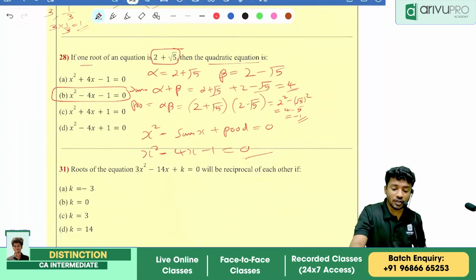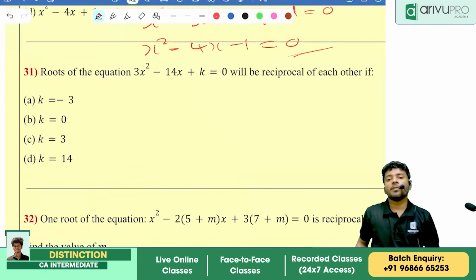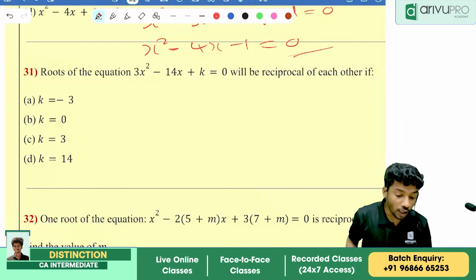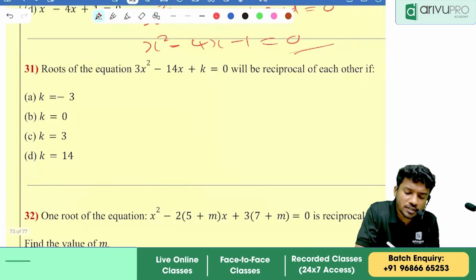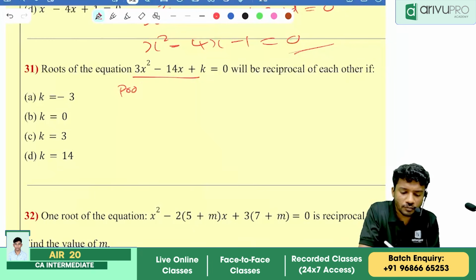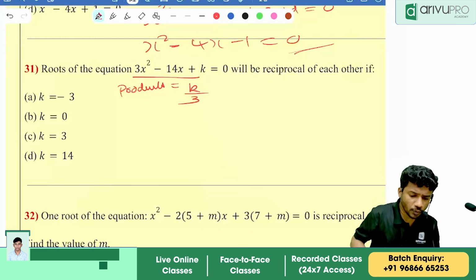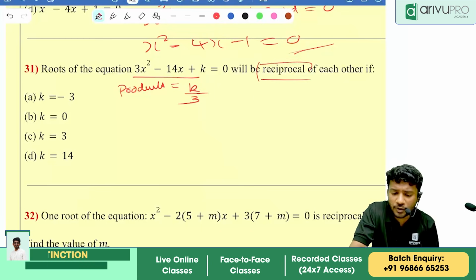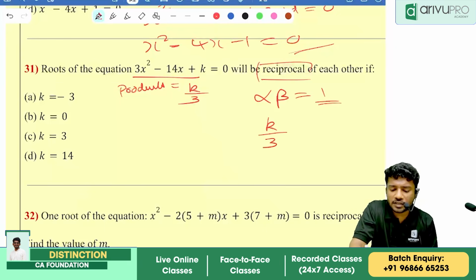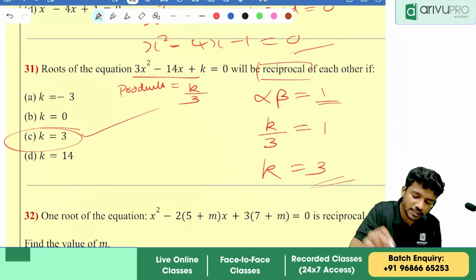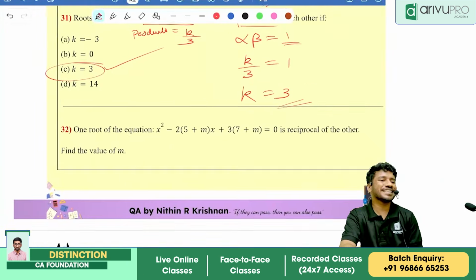What is the product of the roots here? K by 3, constant term divided by coefficient of x square. Since it is the reciprocal of the other, alpha beta is equal to 1. So K by 3 is equal to 1, K is equal to 3. Option C is your answer.